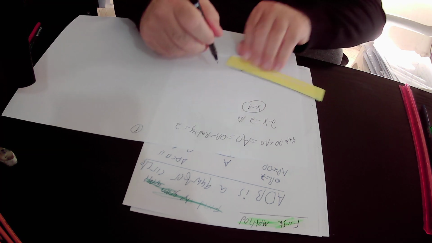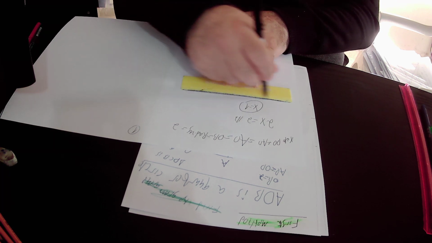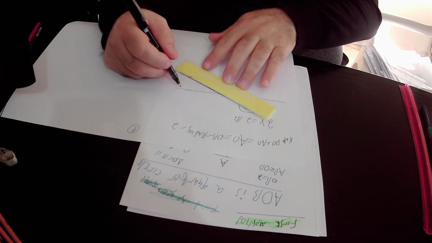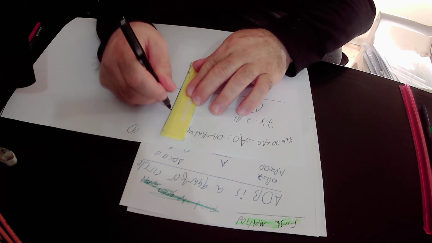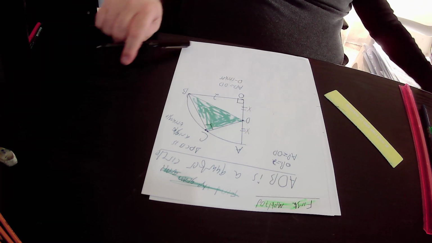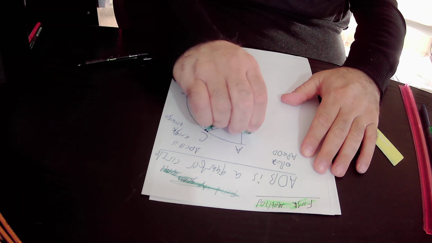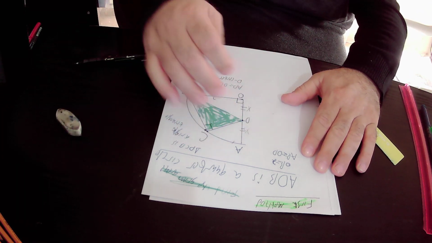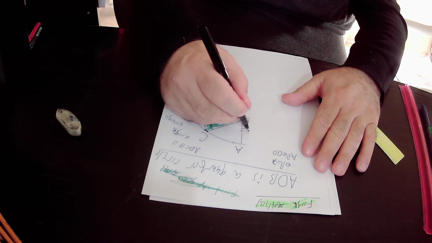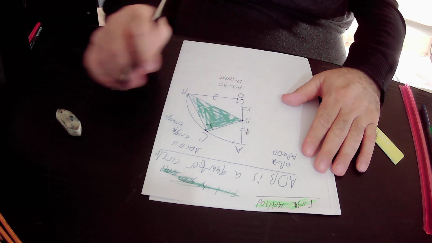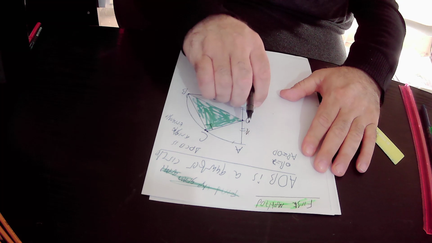Okay, so we found out that x equals 1 unit. AD, that is equal to x, equals 1 unit. And DO, that is also equal to x, is equal to 1 unit.